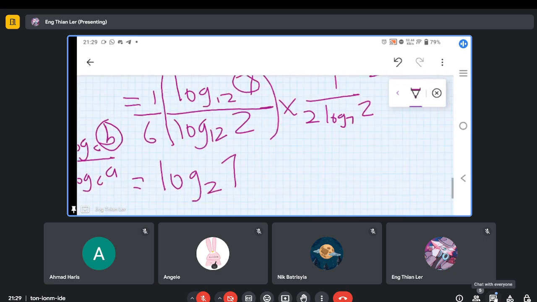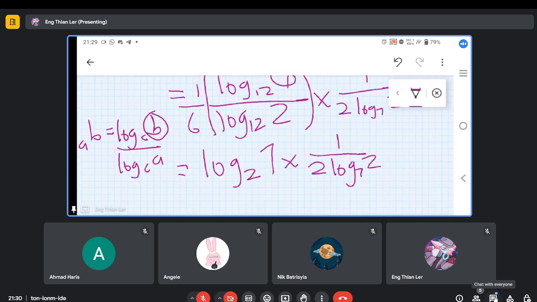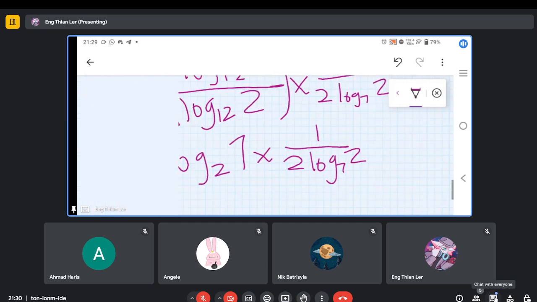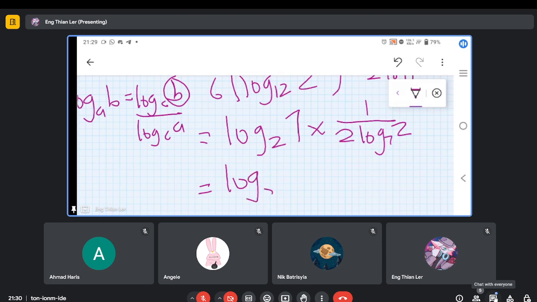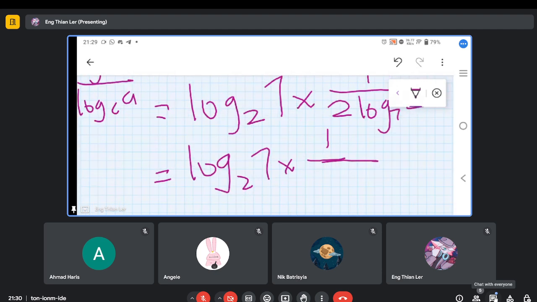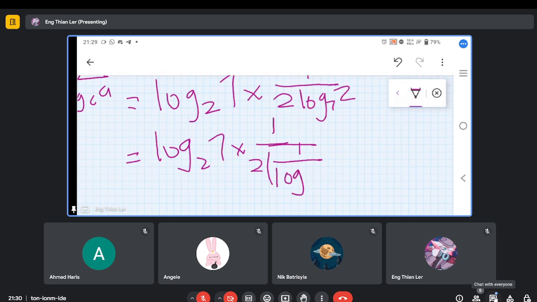This becomes this already. So now we have a final thing to do. Reverse 1 over 2 log 7 base 2. And you know we can exchange base, right? We do a reciprocal thing, and then we just do the reciprocal again. So log 2 7 multiply by 1 over 2. It's okay, I do slowly. 1 over log 2 base 7.